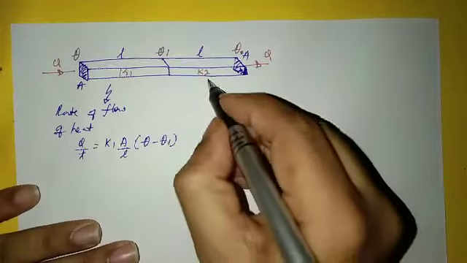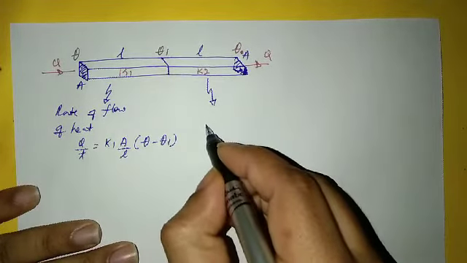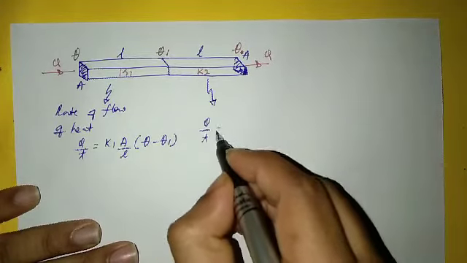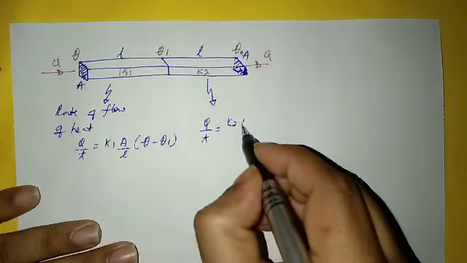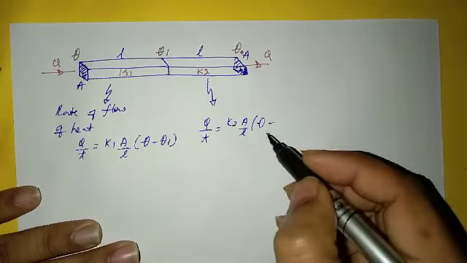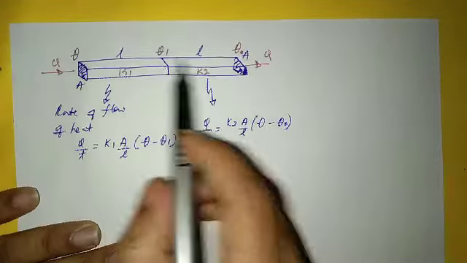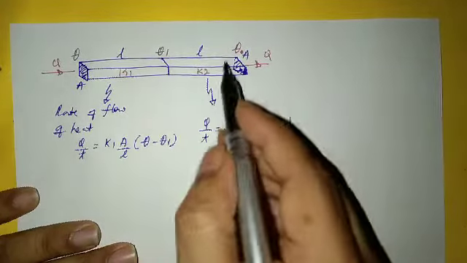Meantime, I can write the rate of heat flow for this: Q divided by T is equal to K2 into A divided by L into theta 1 minus theta O.